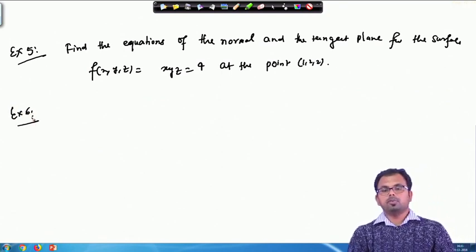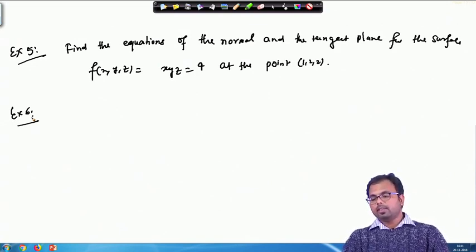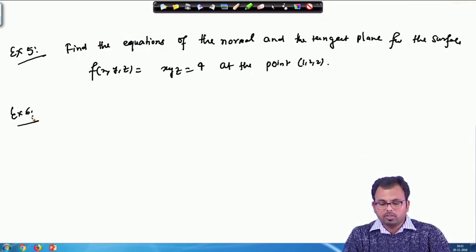So, here in this example also we have to calculate the equation of the normal and the tangent plane for the surface f(x, y, z) = xyz = 4 at the point (1, 2, 2).